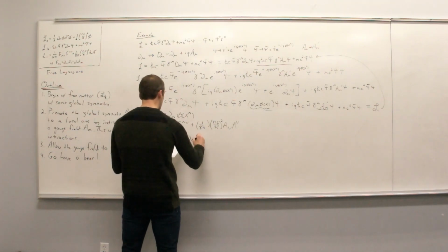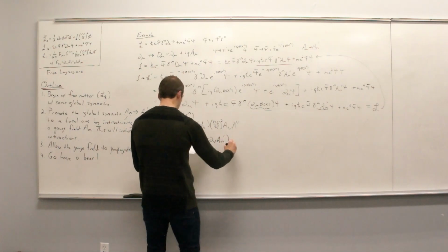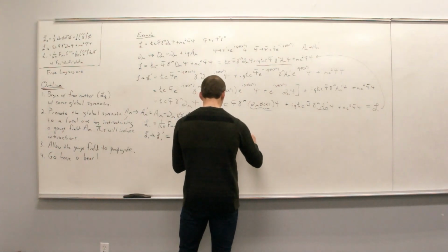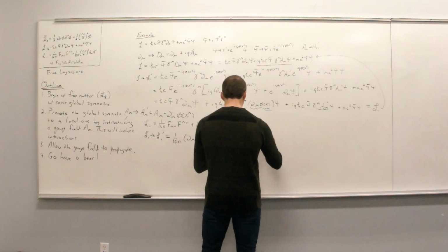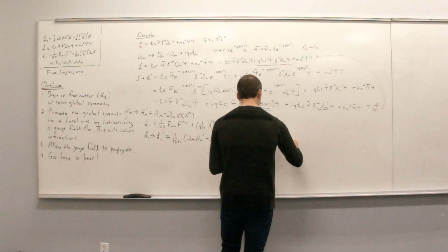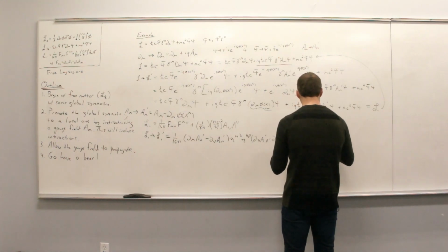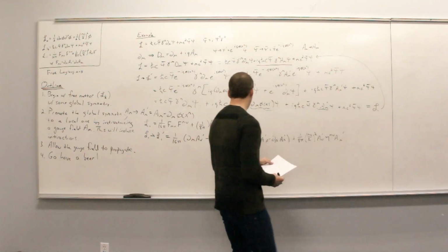But we've got d mu A nu prime minus d nu A mu prime, eta mu lambda eta nu rho times d lambda A rho prime minus d rho A lambda prime, plus 1 over 8 pi (mc over h bar) squared A mu prime A mu prime.